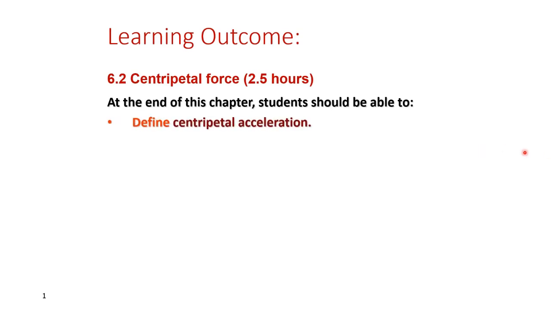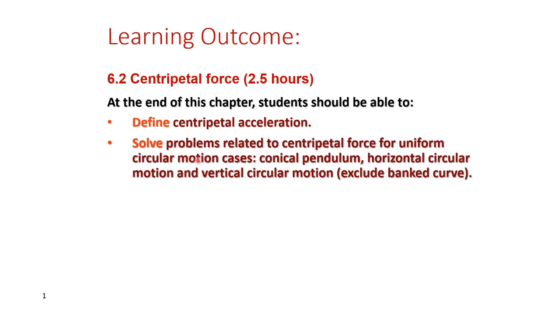The first is to define centripetal acceleration. The second is to solve problems related to centripetal force for uniform circular motion cases. The first one is the conical pendulum, the second is horizontal circular motion, and the third is vertical circular motion.